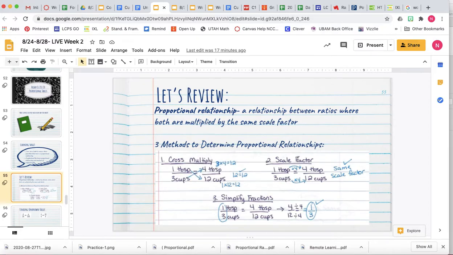We talked about scale factor, where you multiply from one ratio to the next for the same units and decide if they have the same scale factor. And then we also talked about simplifying fractions and finding that unit rate to see if the unit rates are equal. And with the cross multiplying, when you multiply, the product has to be equal.